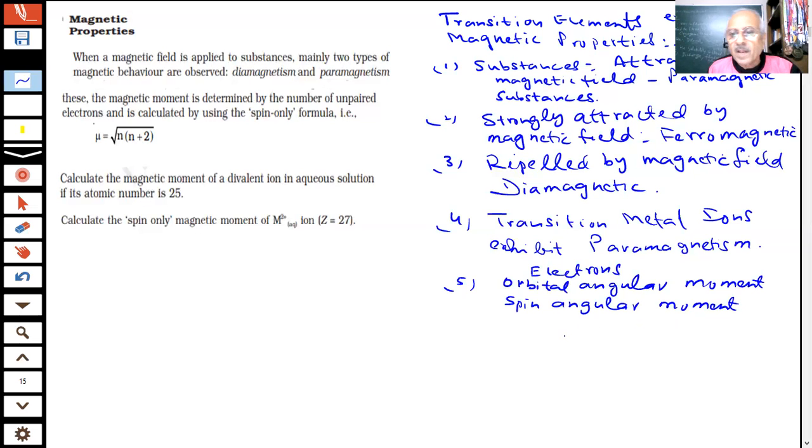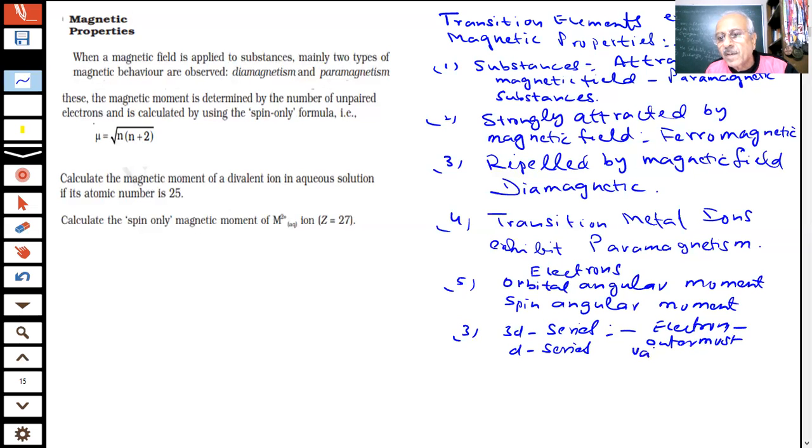What happens in the transition elements, in the 3D series, for example? The electrons present in the outermost valence shell are responsible for the magnetic property, whether they will be diamagnetic or paramagnetic.